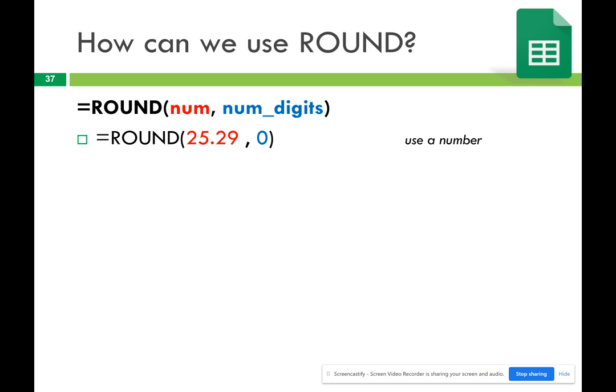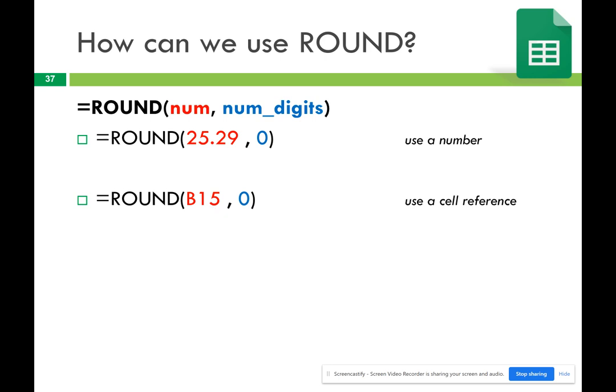Round that number to 0 decimal places to a whole number. The way that I've been showing you has involved a cell reference, which is probably what you're going to wind up doing a lot in your spreadsheets. Go take the number in B15 and round it to 0 decimal places. These are pretty straightforward, I think.